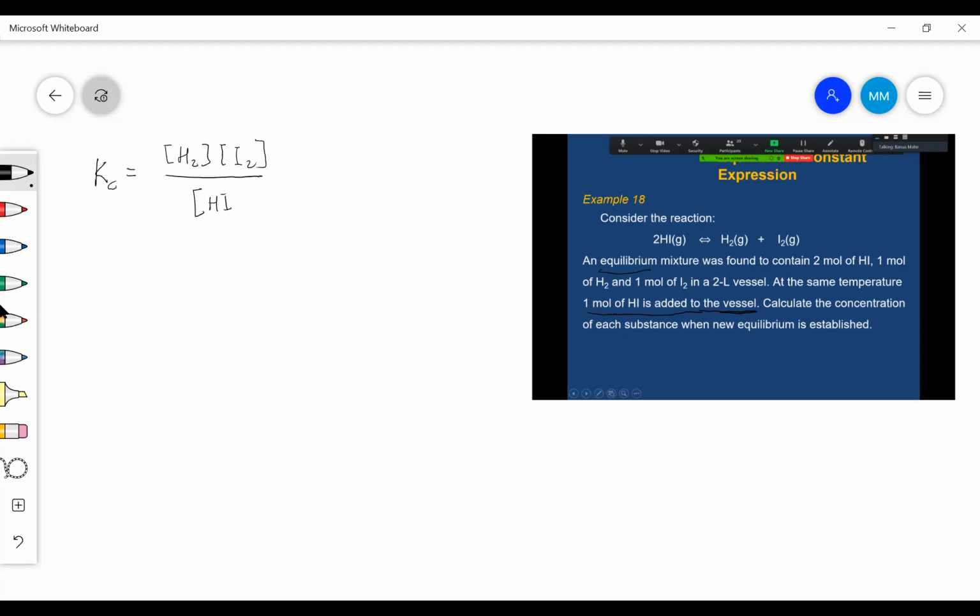Is it true? It is equal to what? Concentration of H2 at equilibrium? H2 is 1 mole, isn't it? Yeah, 1 mole also here. H2 is 1 mole, but because it's concentration, it must be divided by the volume, 2 liters, so it is a half here.